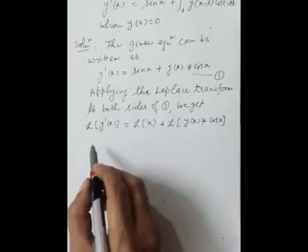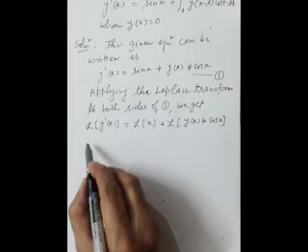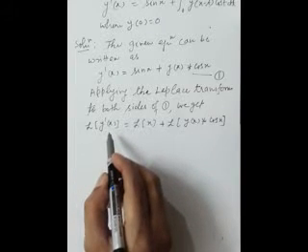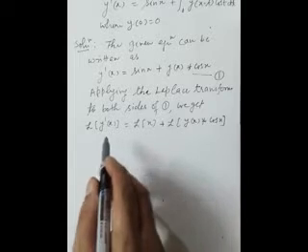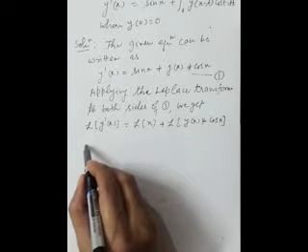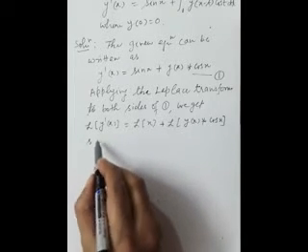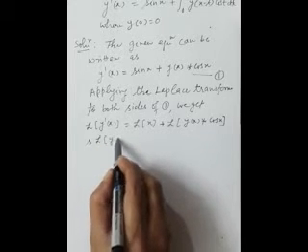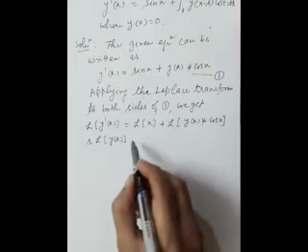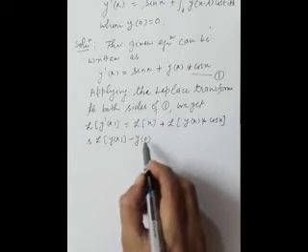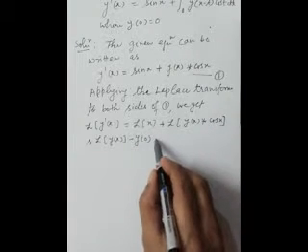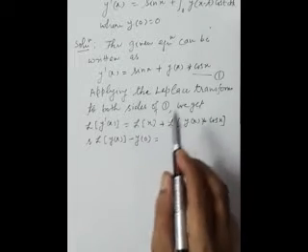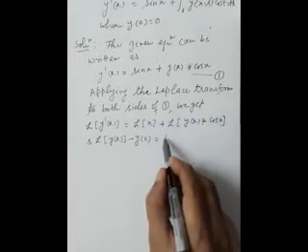This implies the Laplace transform of y'(x), which is s times the Laplace transform of y(x) minus y(0), equal to the Laplace transform of sin x, which is 1 upon s square plus 1.